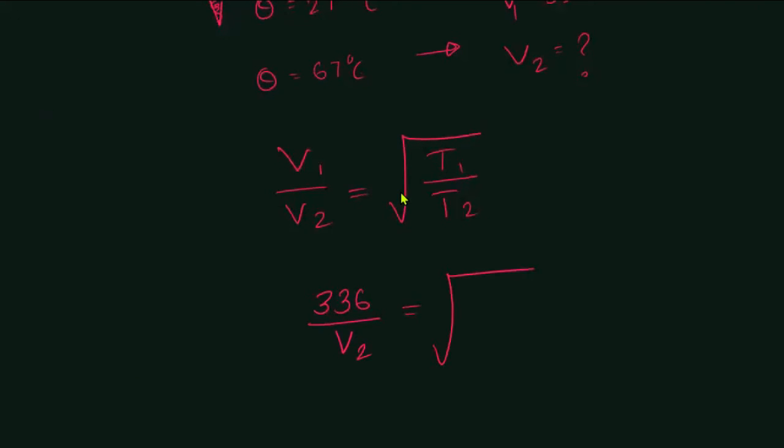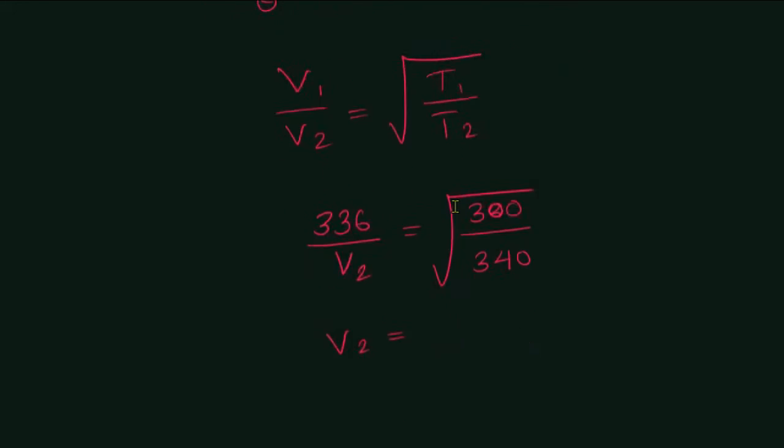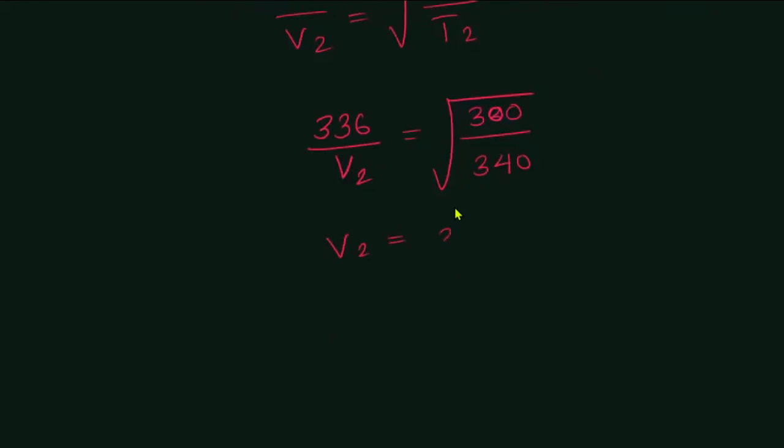So v2 can be written as 336 times root of 340 over 300.